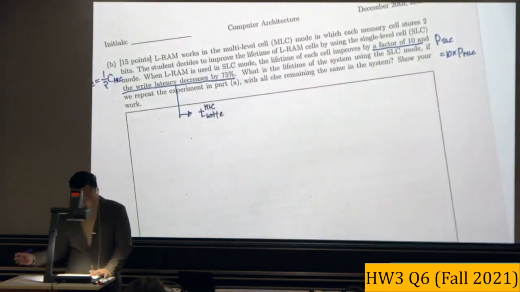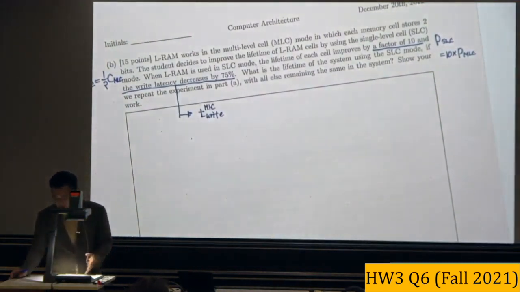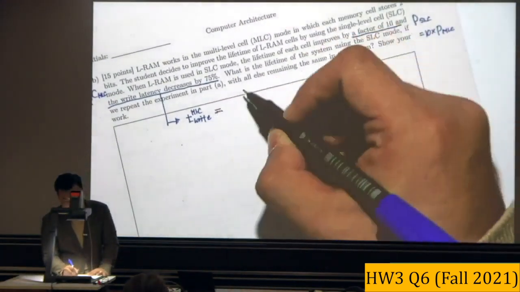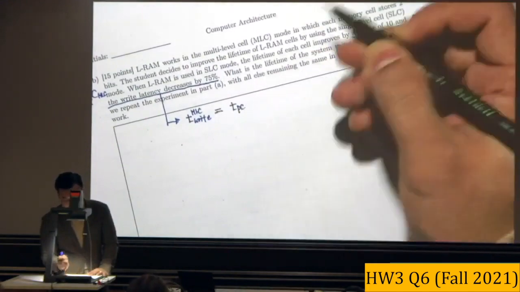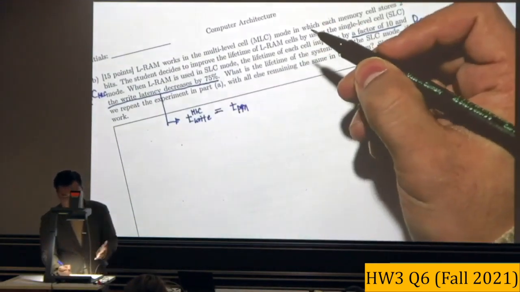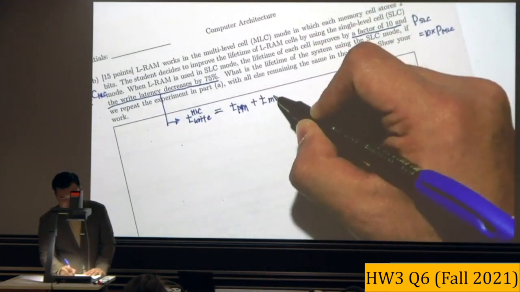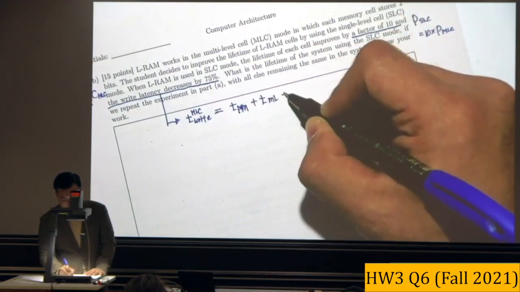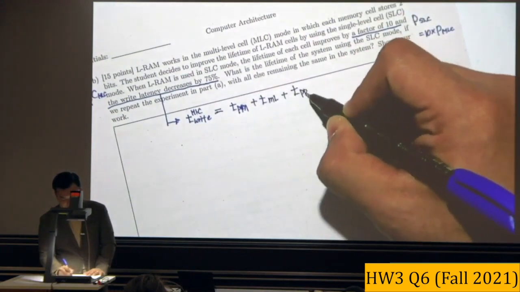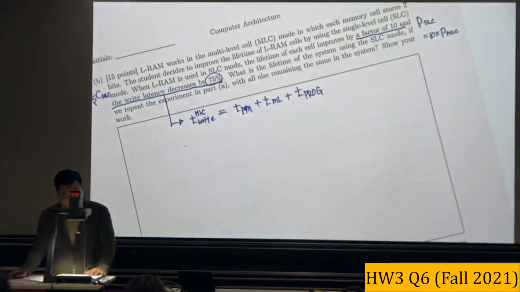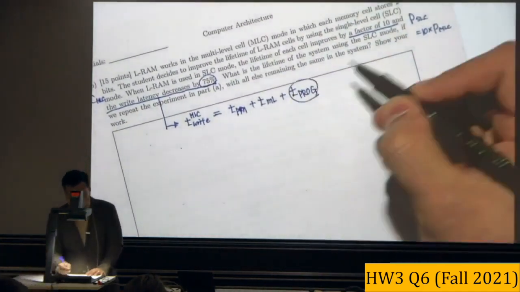It means the time required to write a word to the LM device, but it consists of the transfer time from processor to memory controller, and transfer time from memory controller to LM, and the write latency of LM. So this 75% reduction is only for this.